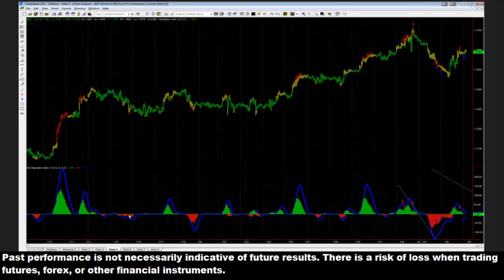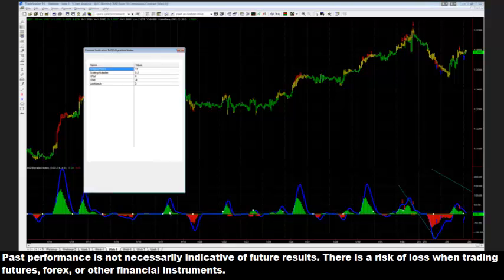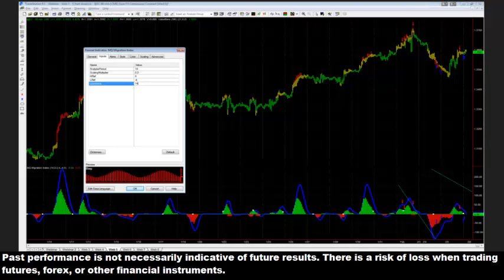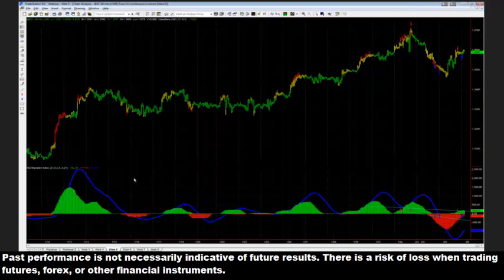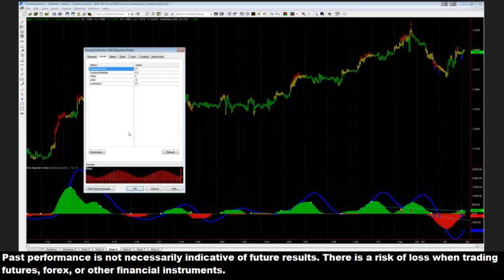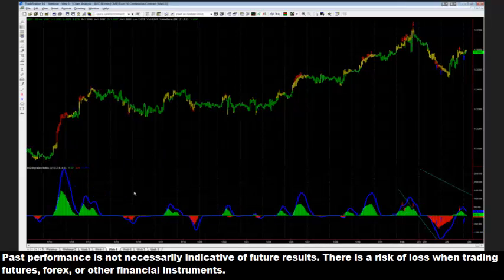You can see how the 5 is a little bit more reactive. The 14, I tend to match up, depending on what my analysis period is, I tend to match up my look-back period. Like if I have a 21 here, I tend to put 21 there as well. Although you don't have to. I mean, I can put 21 and 5.